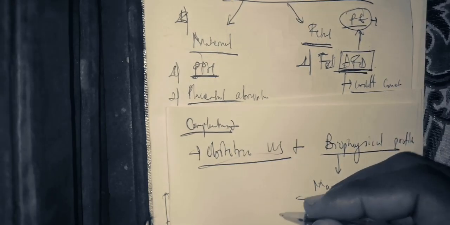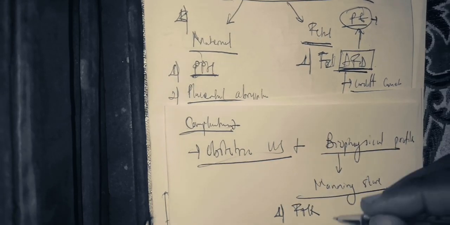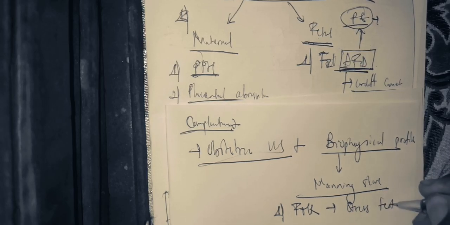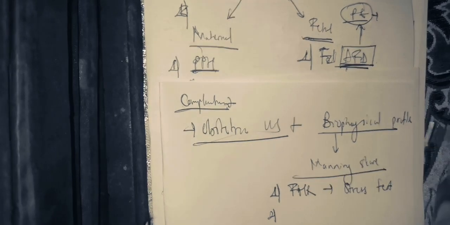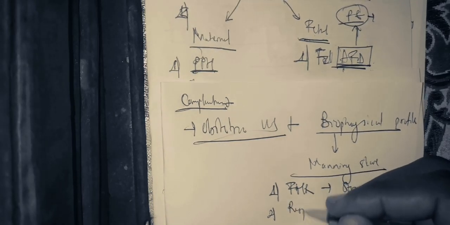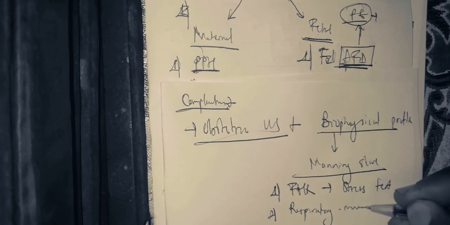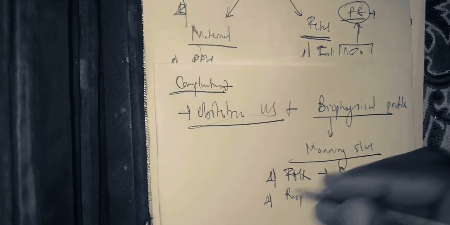In evaluating the Manning score, there are 5 elements. The first element is the fetal heart rate, which can be assessed using a stress test. The second element, after evaluating fetal heart rate, is the respiratory movements. Normally it has to be between 12 to 20 cycles per minute.